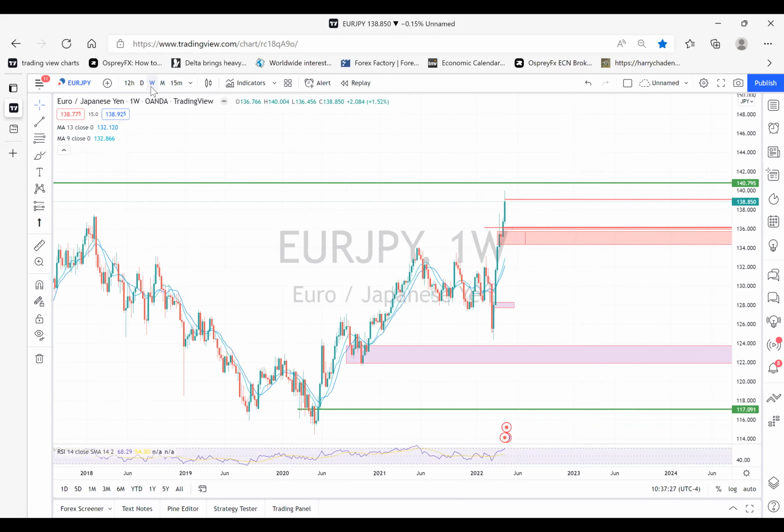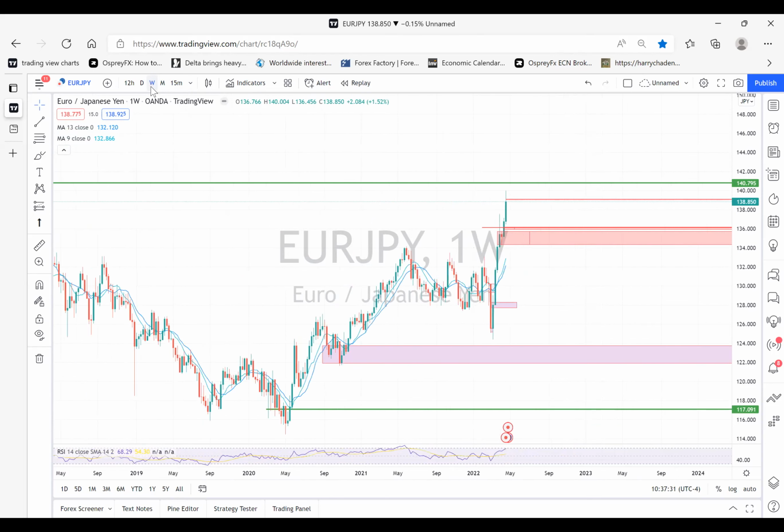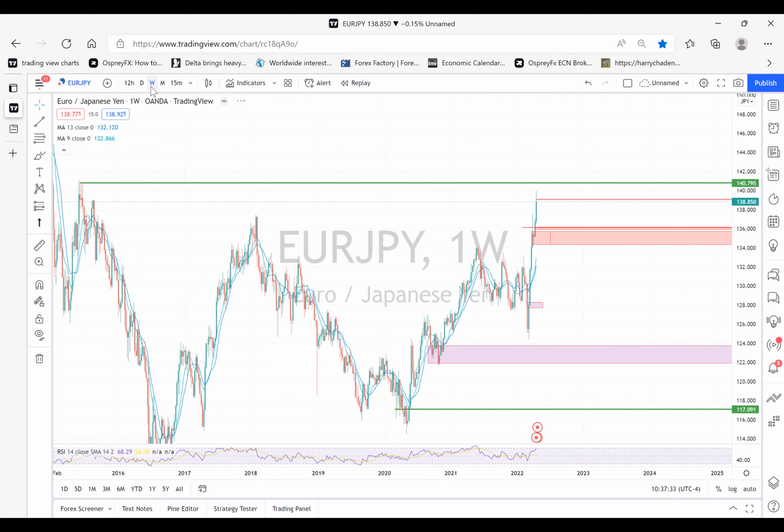So let's take a look at this on the chart. Here recently, all the JPY pairs have been moving up, right? You look at the market, it comes down. This is around 2019.